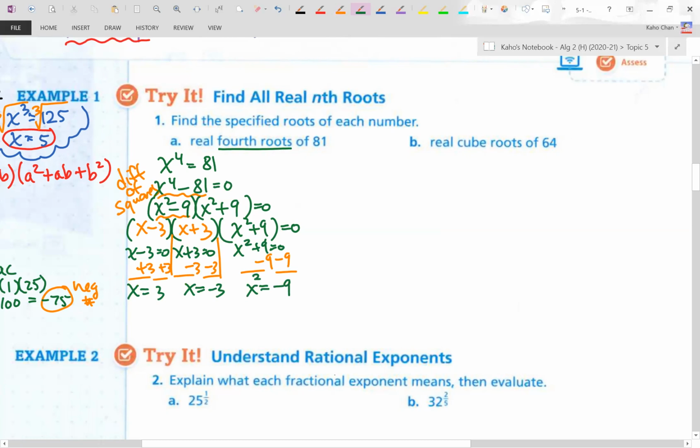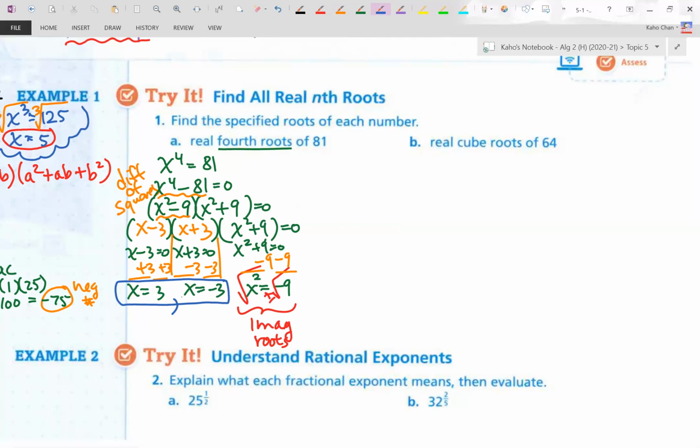You see where the problem is if you try to square root both sides? Those are imaginary roots. We don't need those. We only need the real roots, and they are x equals 3 or negative 3. Technically, those imaginary roots are plus or minus 3i, that you might recall from before.